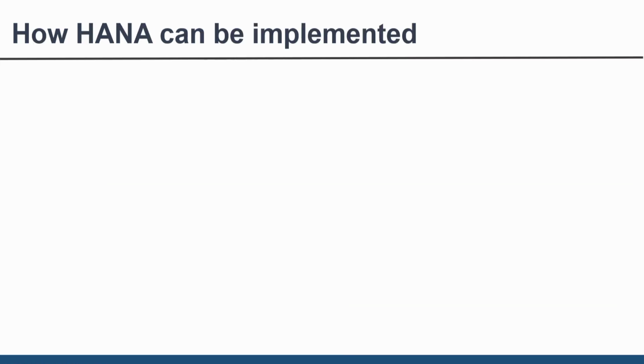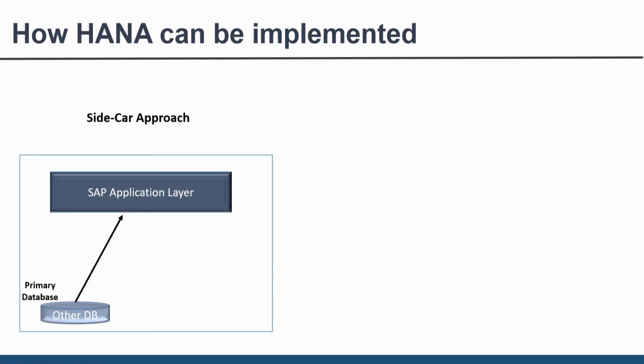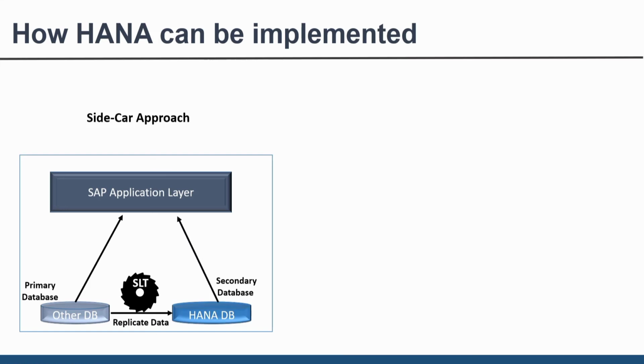There are a couple of different ways in which you can implement HANA. One way is the sidecar approach, wherein if you are currently using any non-HANA database and you have an application server, then you purchase a HANA database and keep replicating the data from the non-HANA database to HANA database.